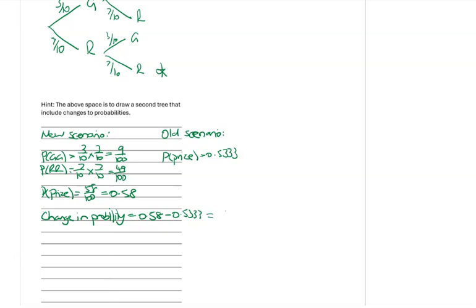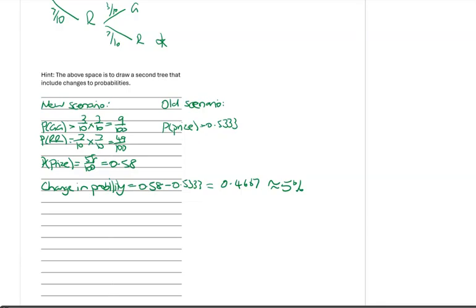And plugging that into the calculator, that's going to be what? 0.4667. So that's almost 5%. So that's approximately 5%. So the statement that we want to conclude with is the probability of getting a prize has increased.